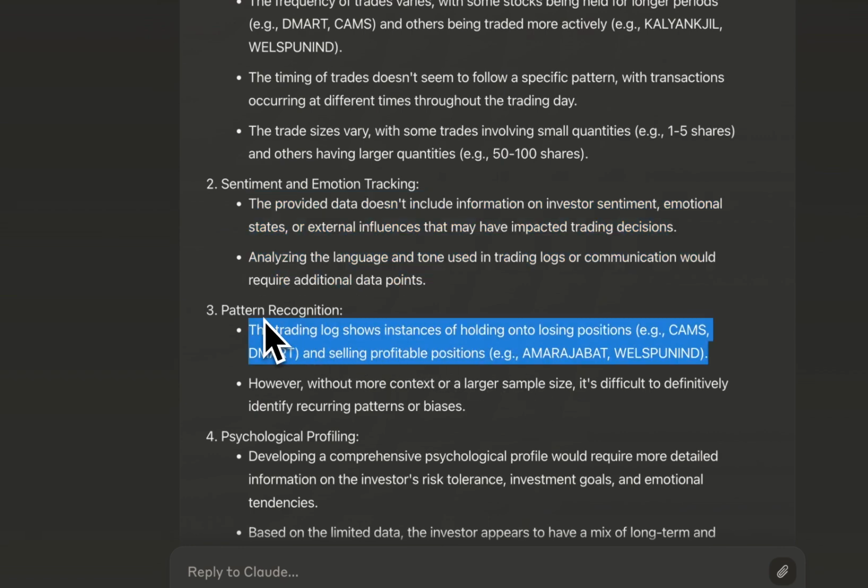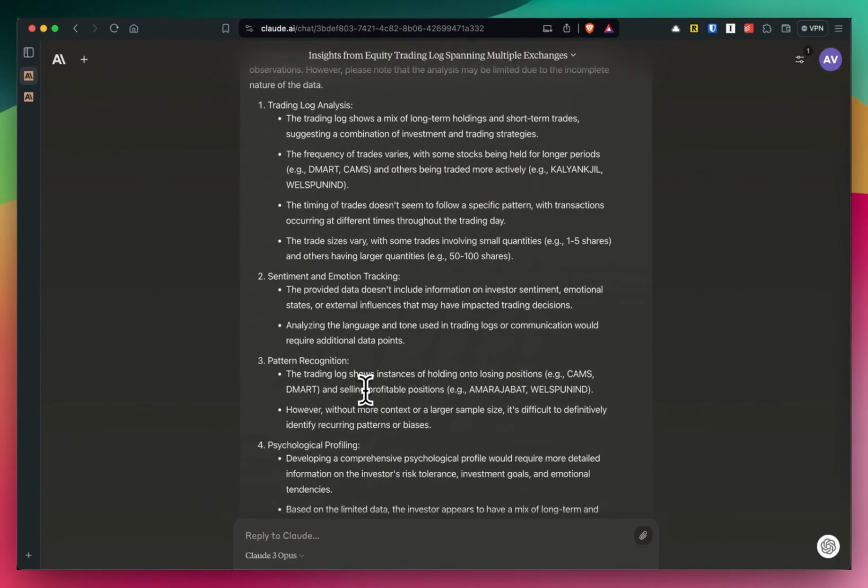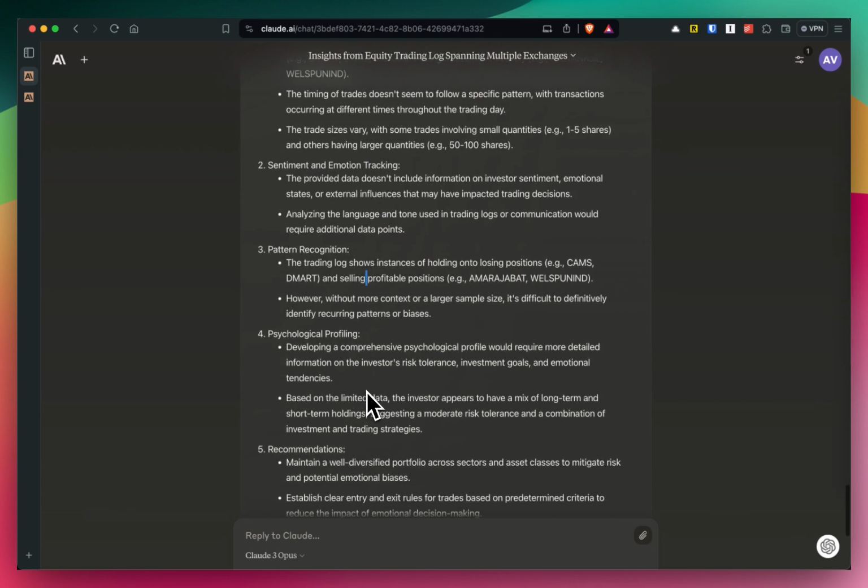It is also doing some sort of pattern recognition, but without some kind of deeper data. Like if you have the state of the market, the market information during that time as to what was happening in the market, you could ask it to perform correlation analysis.